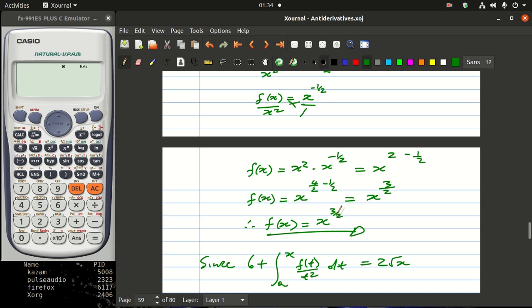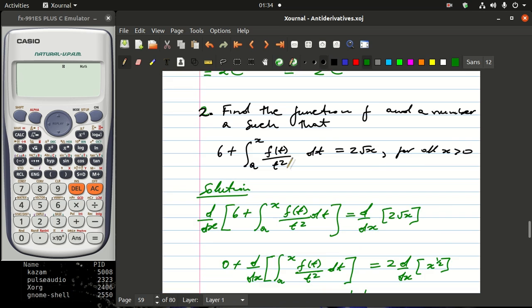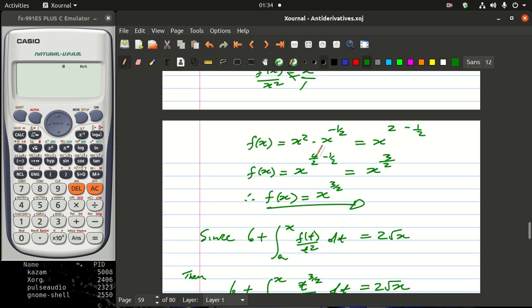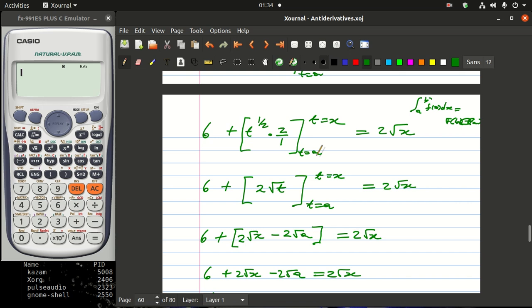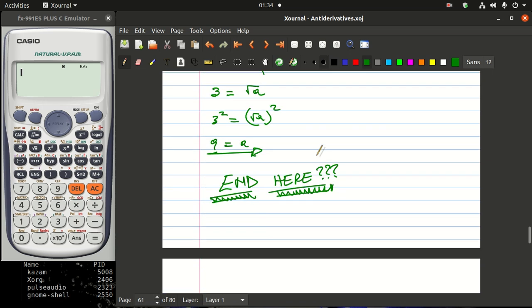The next thing, we go back to the given equation, which is that, but now we replace this f of t by what we found, and then we take the integration the normal way, and then so that we can actually get the a as part of the equation and solve for it. That's what we did here. It's not a big deal, it's very straightforward. I hope you can understand what is going on here.